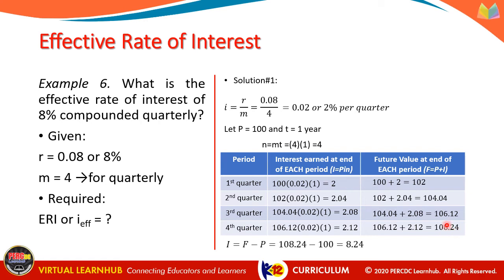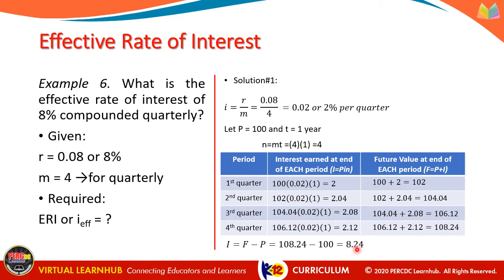From this table of values, we can get the total interest earned, which is equal to the future value minus the principal P. 108.24 minus 100, that is equal to 8.24 pesos. The total interest earned is 8.24 pesos after 1 year.